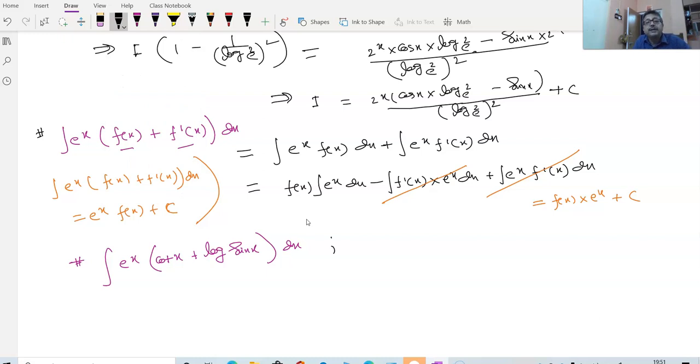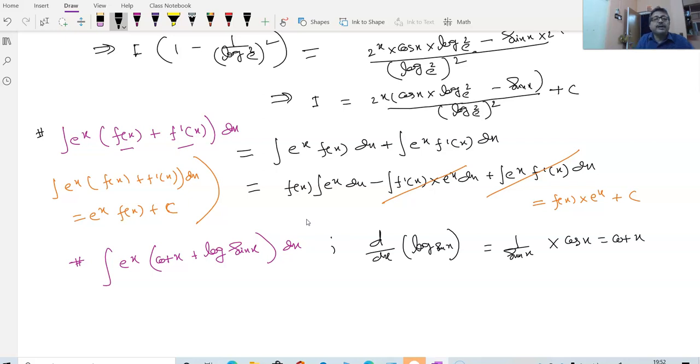Here derivative of log sin x: if you differentiate log sin x, then this is going to be 1 by sin x into cos x.